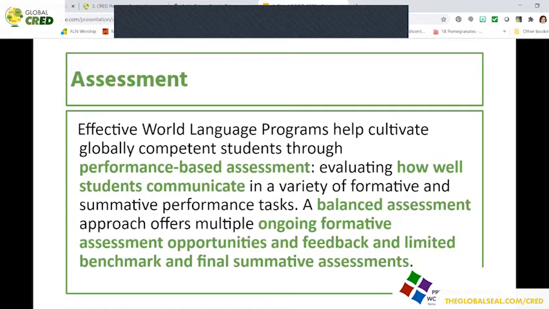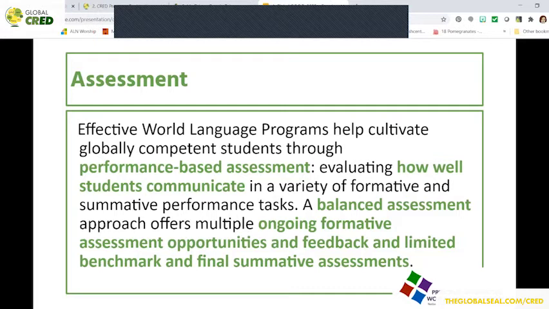A balanced assessment approach offers multiple ongoing formative assessment opportunities and feedback, and limited benchmark and final summative assessments. So lots of ongoing formative assessment, lots of feedback, and limited benchmark and final summative assessments. And this should be done as performance-based assessments, and we're evaluating how well students communicate.